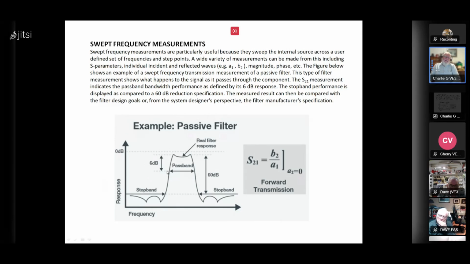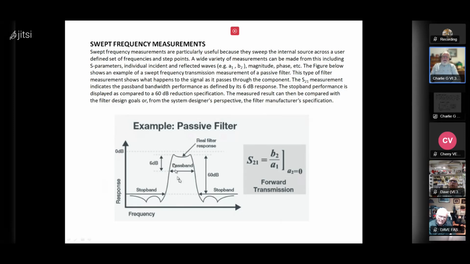And that's because VNAs work with voltage and current. They do not work with power specifically. Power would have to be calculated outside of that. So the passband of a filter, if we're talking about power, that would be a 3 dB bandwidth.